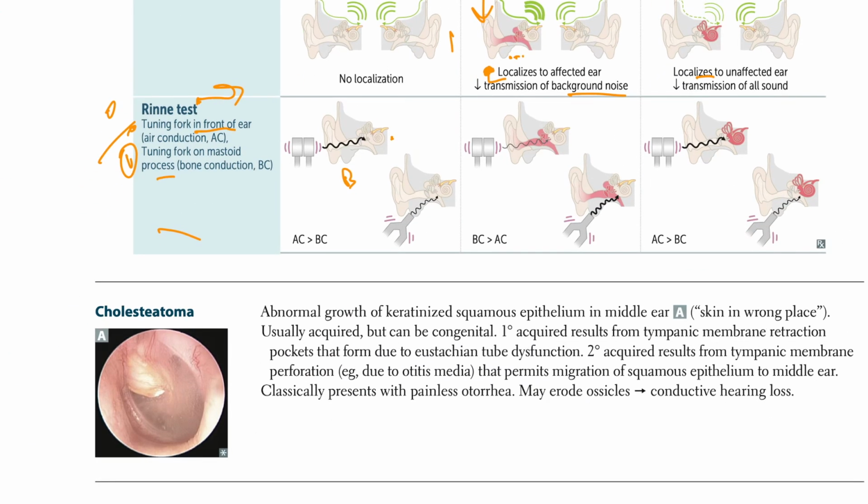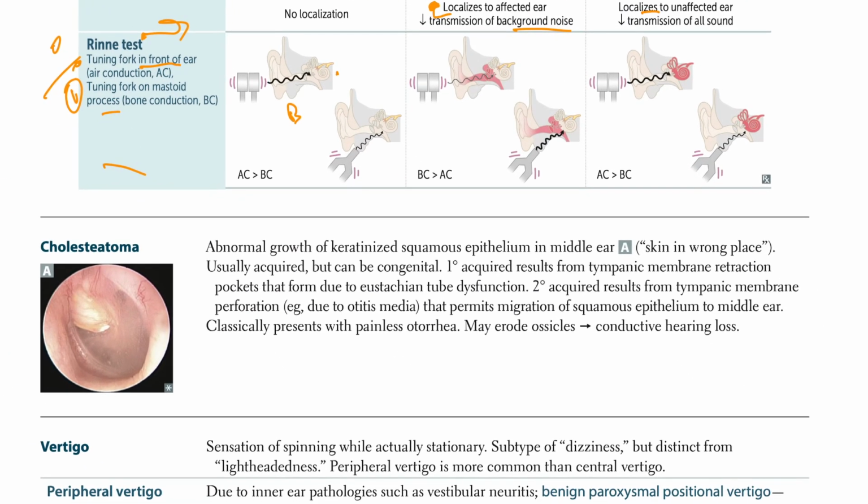Let's move on to the next part, which is cholesteatoma. It is abnormal growth of keratinized squamous epithelium in the middle ear, which is skin in the wrong place. Just think about it, skin in the wrong place. It is usually acquired, but can be congenital.